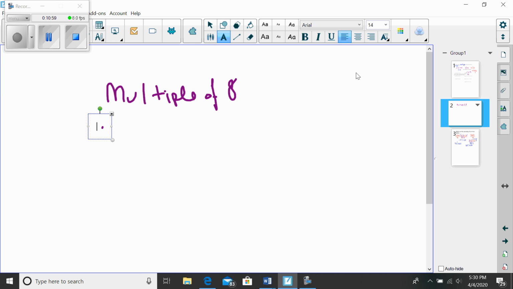So multiples of 8 are 8, 16, 24, 32, 40, 48, 56, on and on forever. Okay, so I can just take 8 and I can multiply it by any other number.